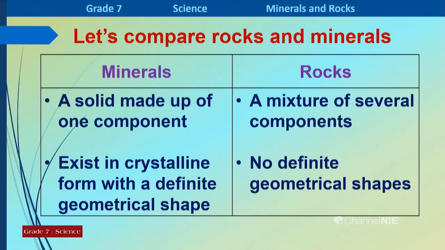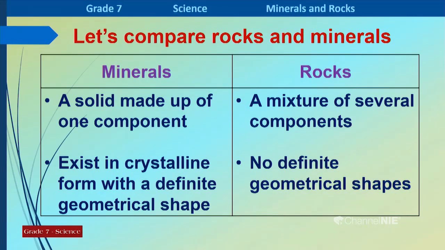We learned that. The minerals have an orderly arranged structure, so they have a definite geometrical shape, so they exist in crystalline form. There are different types of crystalline forms. I will give you that later, but at this moment you have to understand that the minerals have definite geometrical shape and crystalline forms.